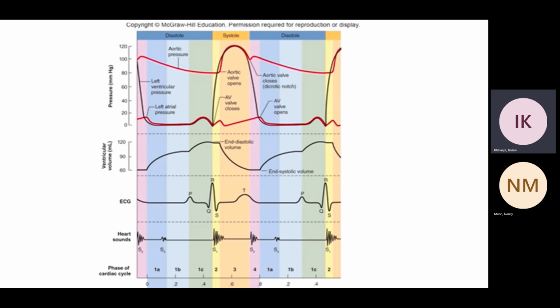So that finishes yesterday's talk, and I went over this diagram, which is important, showing your cardiac cycle. At the top is the aortic pressure, down here is the left atrial pressure, and down here is the ventricular volume. Here is your EKG, and these are the cardiac sounds. You have the different phases of the cardiac cycle. In atrial systole, you have depolarization of the atrium, giving you the P wave, which corresponds to the contraction.